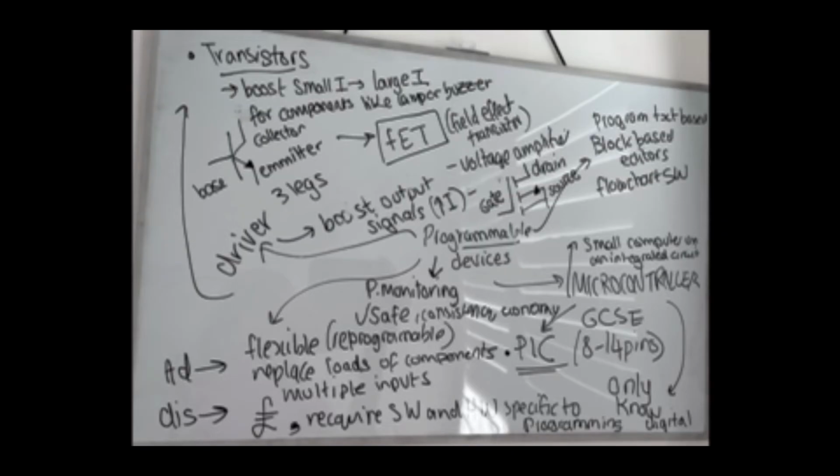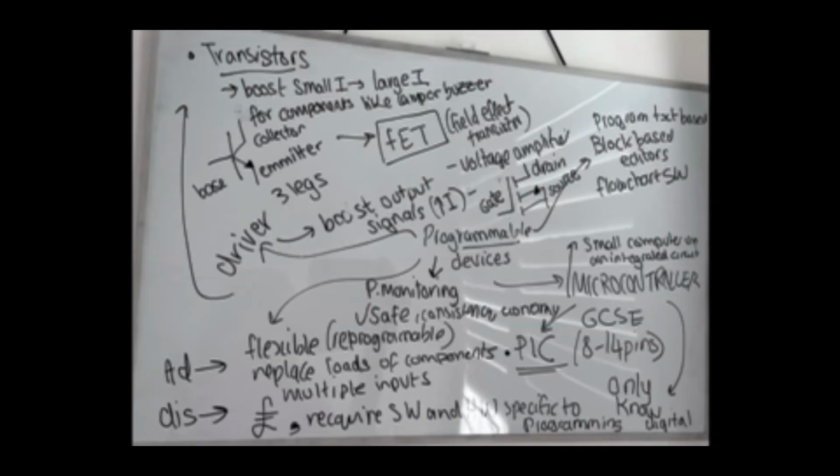So a microcontroller is a small computer that is found in an integrated circuit. It has loads of different pins and ports, which allows it to easily connect to the input and output devices, and multiple of them. So a PIC is a type of microcontroller.